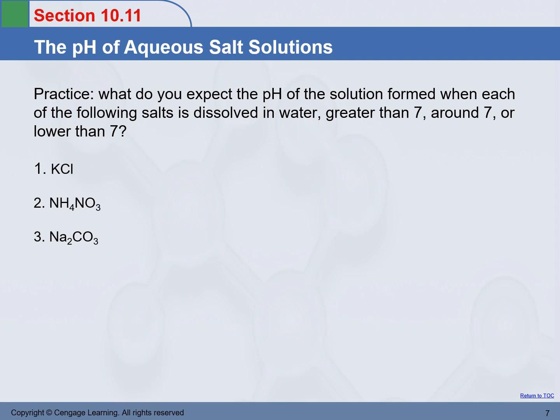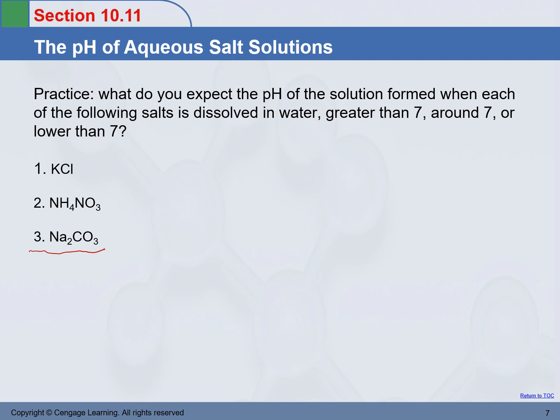What do you expect the pH of solution formed when each of the following salts is dissolved in water? Greater than 7, around 7, or lower than 7? Okay, I'm going to do the last one with you, and later on you do the first two.